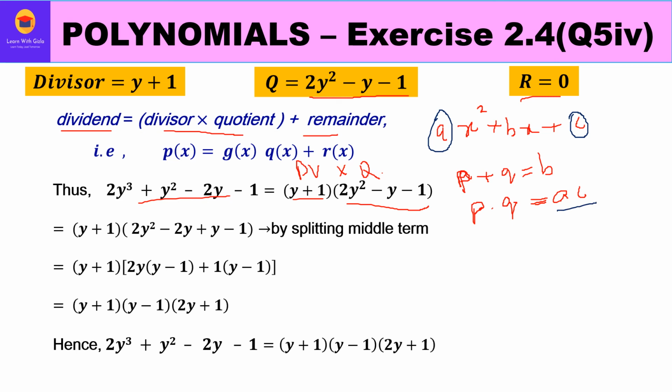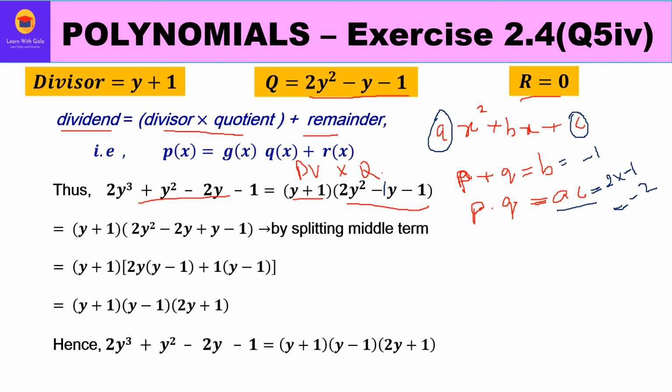So over here, if you observe, p plus q is b, which is minus 1, and p into q is a into c, which is 2 into minus 1, which is minus 2. That means you have to find two numbers such that their sum is minus 1 and their product is minus 2.